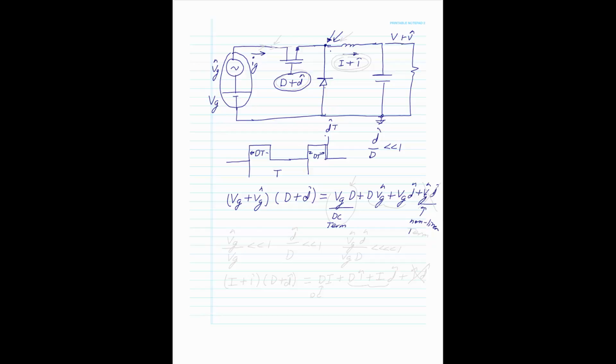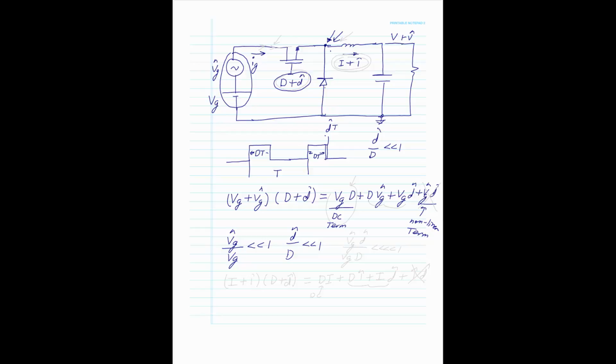Nonlinear term. So what we're going to say is that VG hat over VG is much less than 1. Also, we know that for small signal, D hat over D is much less than 1.